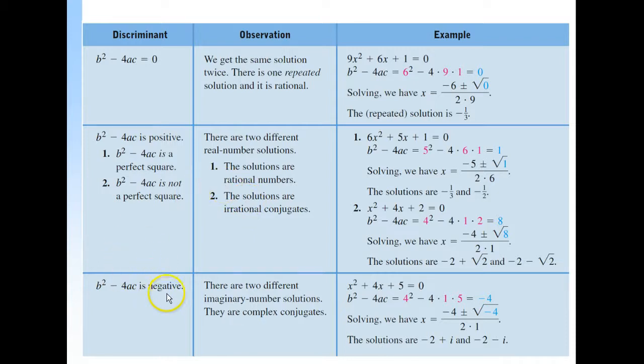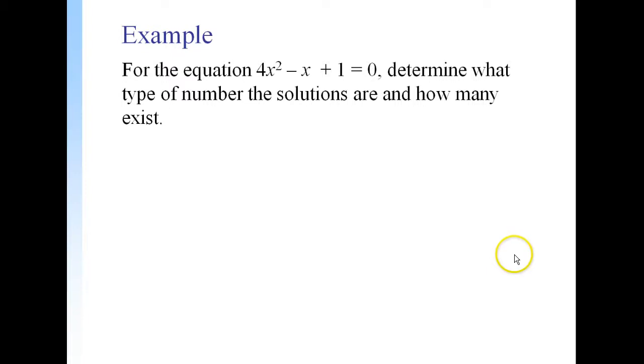And if it's negative, you're going to get imaginary, in a sense, complex conjugates, because one's plus, one's minus. Okay, a lot of stuff on this page. So here they're asking us to determine the type and number of solutions.